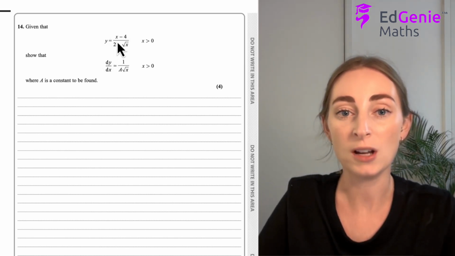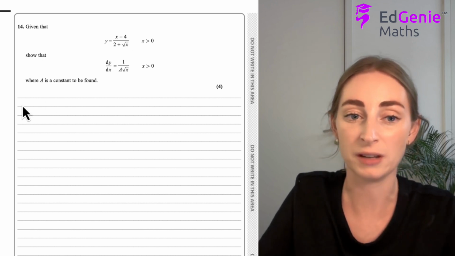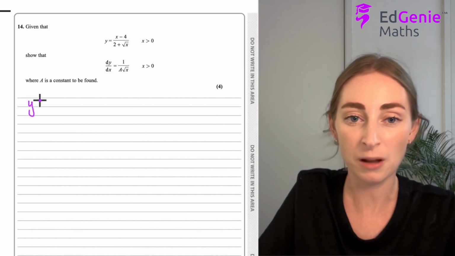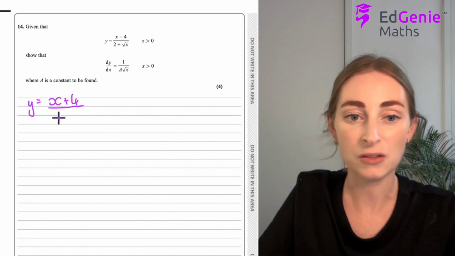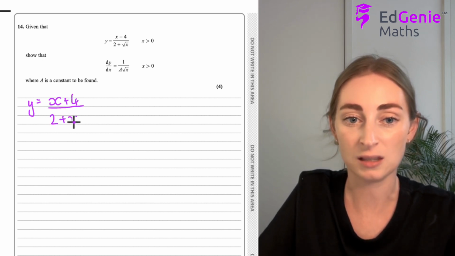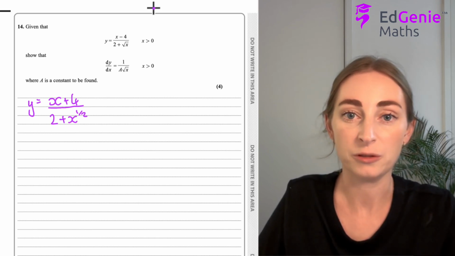So we have y equals x minus 4 over 2 plus the square root of x. It's probably worth our time just writing that out again, and instead of the square root of x, write x to the power of a half. Then let's go to our formula booklet.